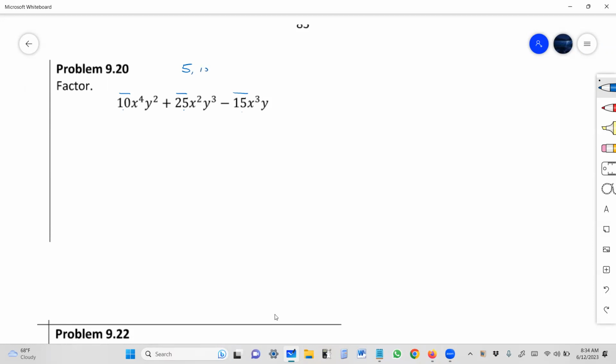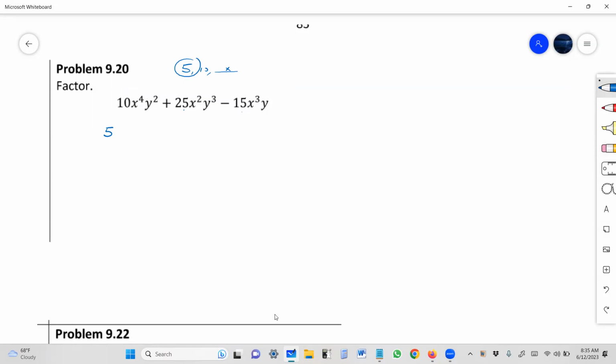So for example, 10. 10 goes in here, but does not go into 25 evenly, meaning there's a remainder, and it doesn't go into 15 evenly. So 10 is out, and anything larger than 10 won't work. So the greatest common factor, the numerical greatest common factor is 5. So we'll write it here. Now, I have to find the greatest common factor among the x's, right?